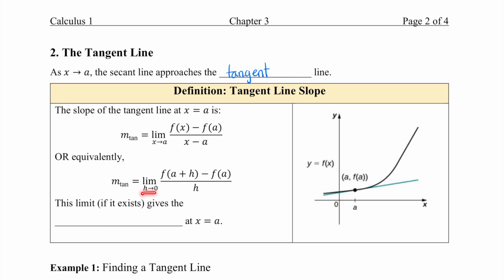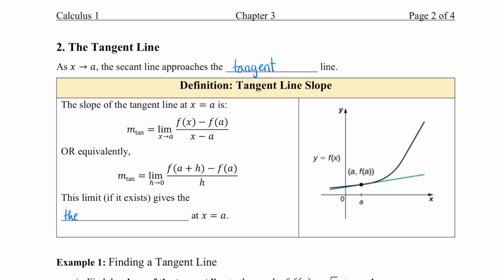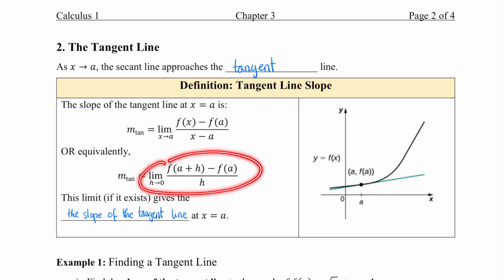As h approaches 0, the 2 points on the curve get closer and closer together. If this limit exists, it gives the slope of the tangent line at x equals a. This is actually the definition of the derivative.